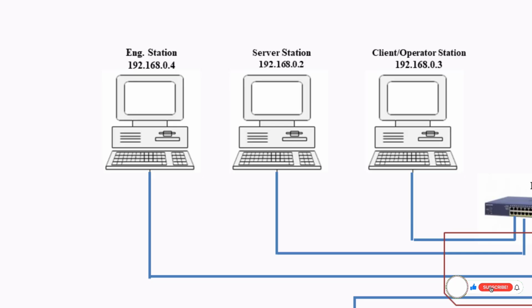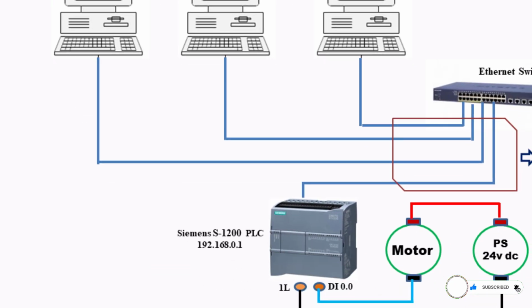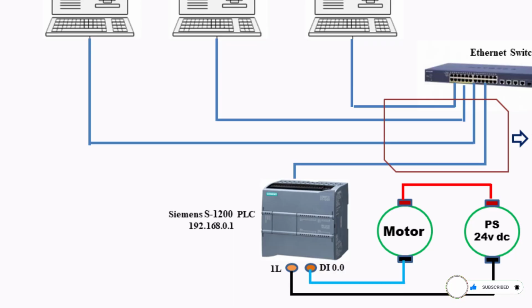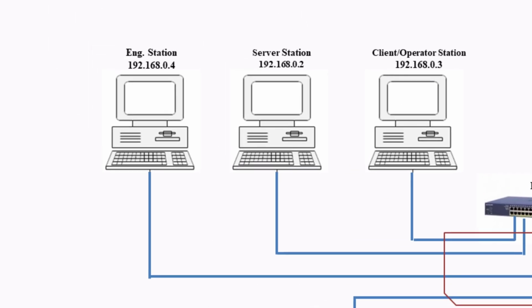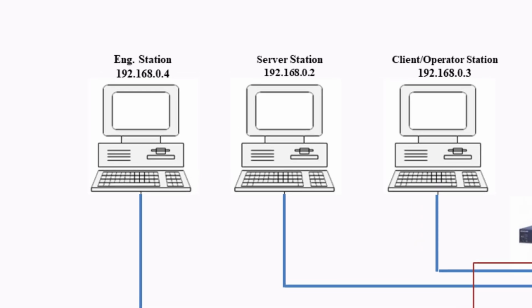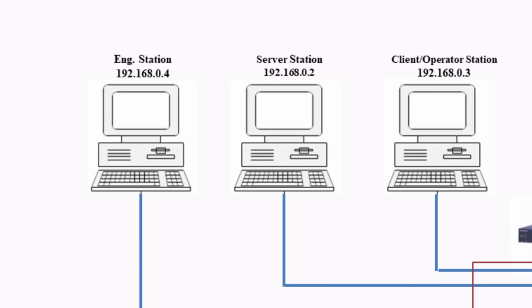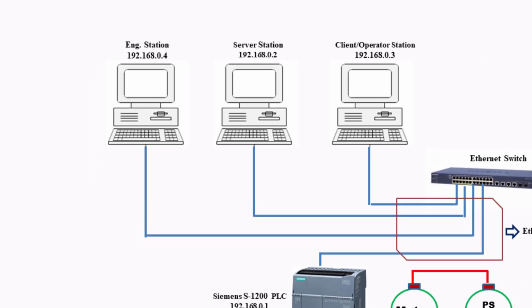After successful compilation, the ladder program will be transferred to the PLC and the SCADA program will be transferred to the server PC. Finally, run the SCADA project on the server station and perform the motor start-stop operation from the client station, server station, and the engineering station.